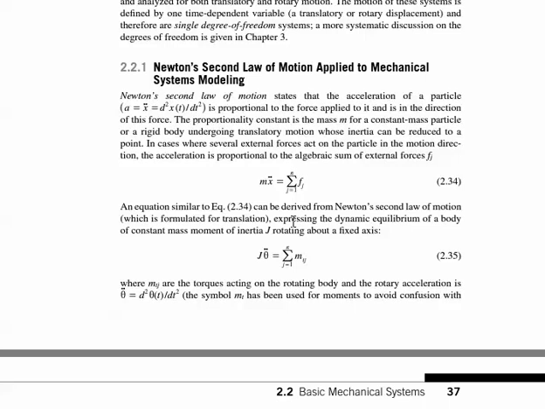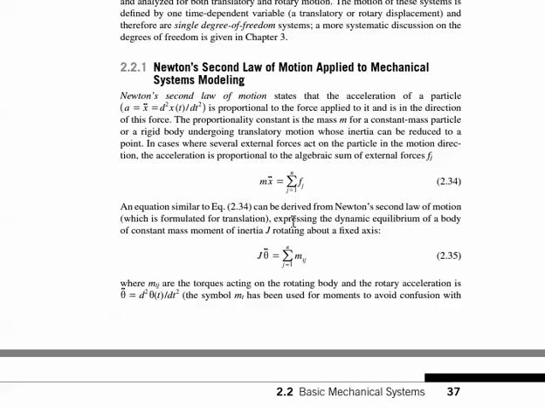Someone pulls on that string and accelerates the ball. You would actually in that case feel an acceleration, right? And there'd be an inertial force that you'd feel, which would be the mx double dot, right?